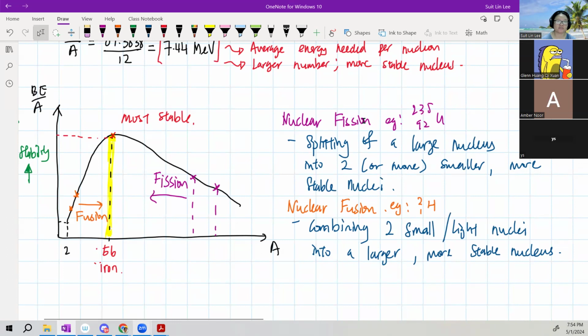That's nuclear fission, the splitting of a large nucleus into two smaller, more stable nuclei. But if the nuclei are too tiny, like deuterium and tritium, which normally happens in the sun, they will combine and fuse together. The closer they get to iron-56, the more stable they are.